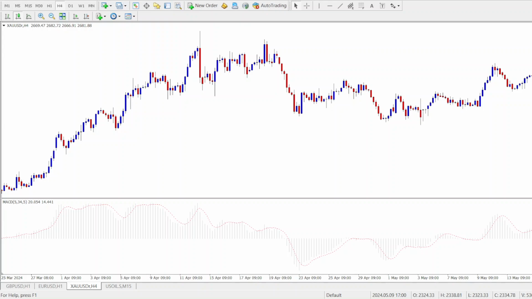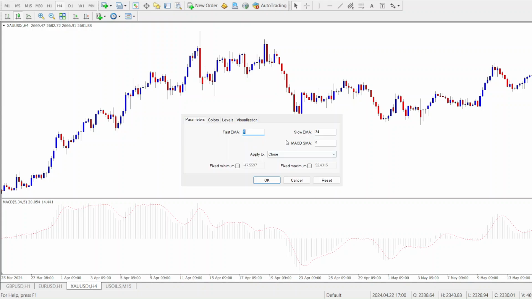Okay, so the first thing for us to do is to set up our MACD indicator. I already loaded it to the chart, but for the purpose of scalping, we are going to ensure that the settings are fit for scalping. For the fast EMA, we are going to use the 12 period.